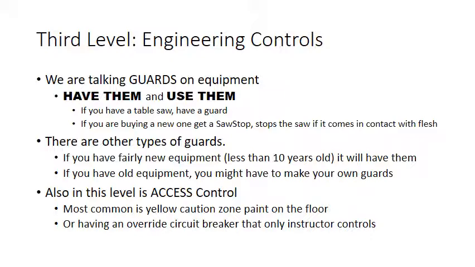And I don't think it's possible for a school not to get a table saw that's a stop saw. It stops if it comes in contact with flesh, so you just get a little scrape instead of cutting fingers off. But try to make sure that the safest equipment is purchased.